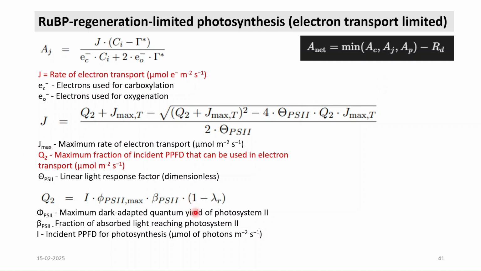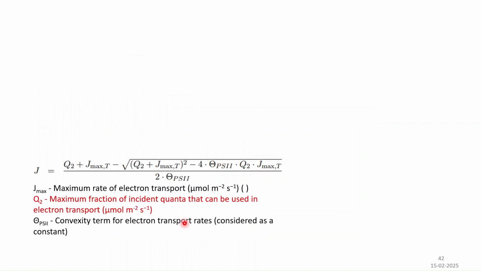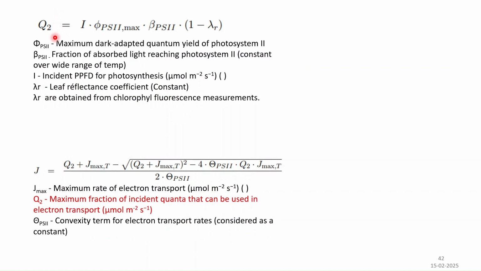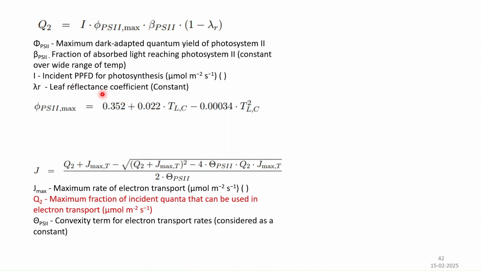So where does temperature response come? Temperature response plays a role in this equation over here. So here Q2 we know is given by this one. Now how do we obtain this phi PS2? So phi PS2 we can obtain by measurement, but we can also estimate it as a function of temperature.